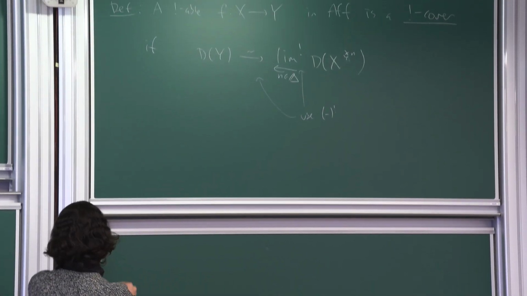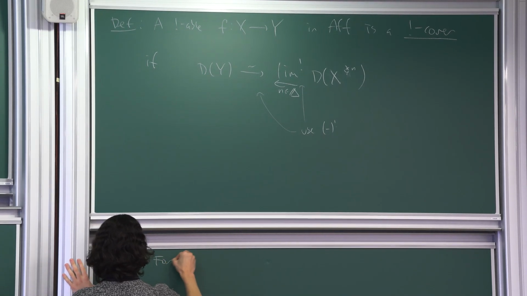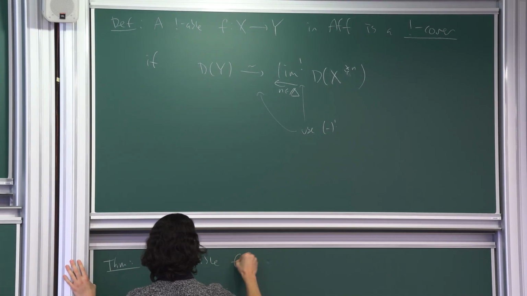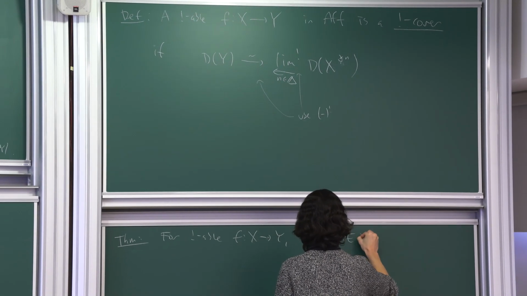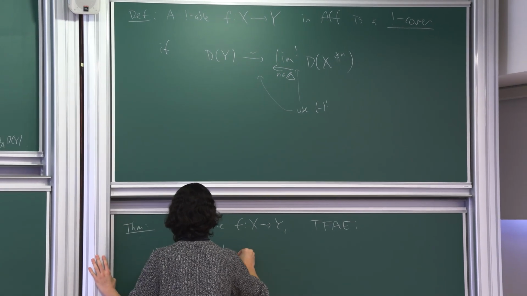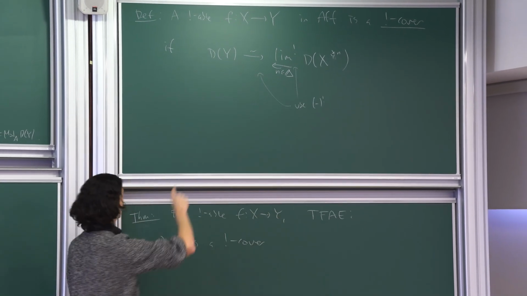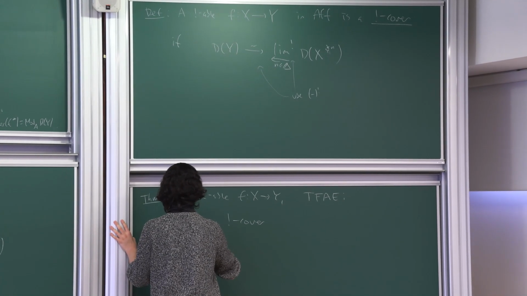But then we had this result that, for shriekable f, the following are equivalent. One is that f is a shriek cover. Two is that we have shriek codescent.